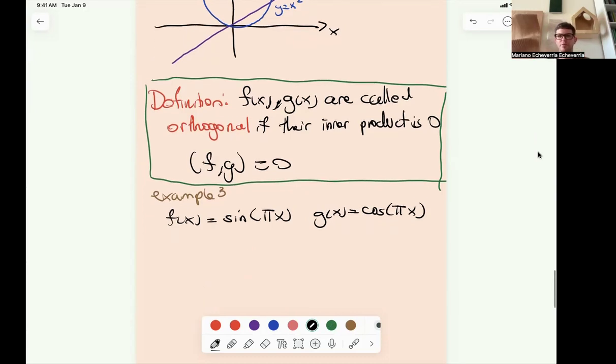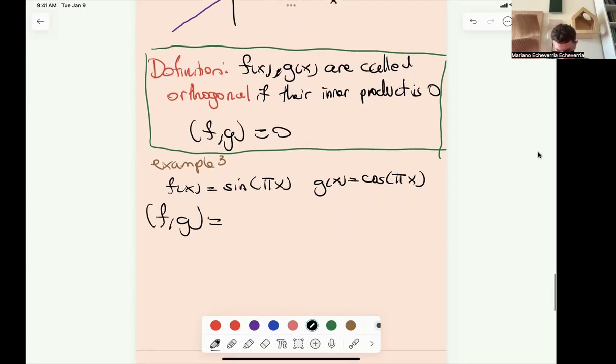So what would their dot product or inner product be? It would be the integral from -1 to 1 of sine of pi x times cosine of pi x dx.